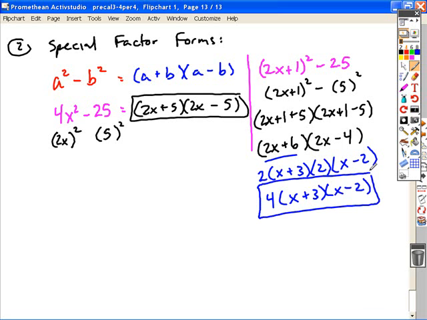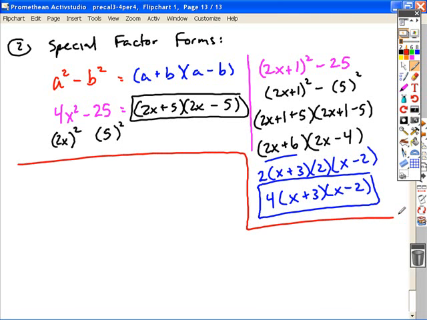This would be your fully factored form for this answer. Anything that stops short of that is incomplete. So be aware of that restriction and check that. Recycle back through, making sure that there's no common factors left.